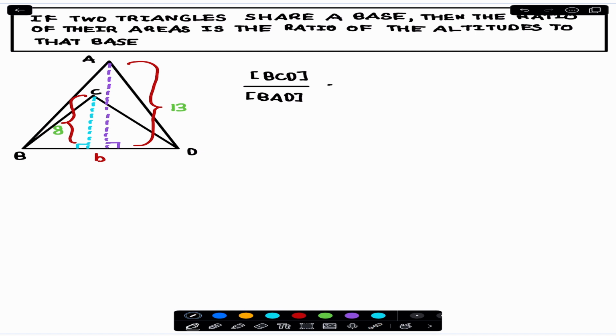So this ends up being, in triangle BCD, we have half times the base, which is b, times the height, which is 8.